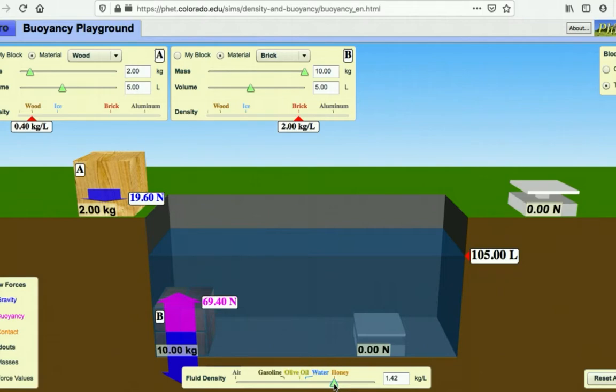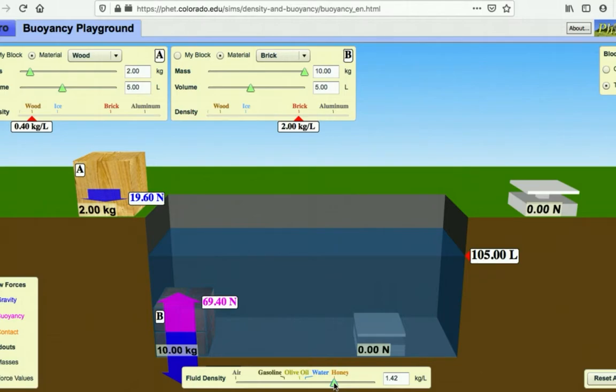Honey is more dense, which means it's more compact. So 5 liters of honey is going to weigh more than 5 liters of water. Therefore, since the buoyancy force is equal to the weight of the fluid that's displaced, the buoyancy force is going to be greater when the fluid has a larger density.